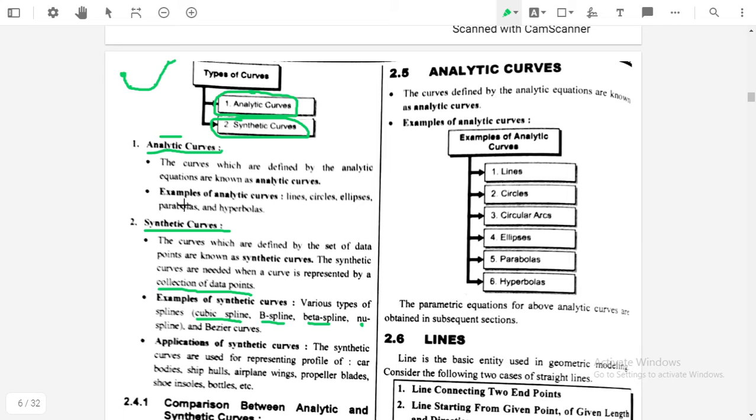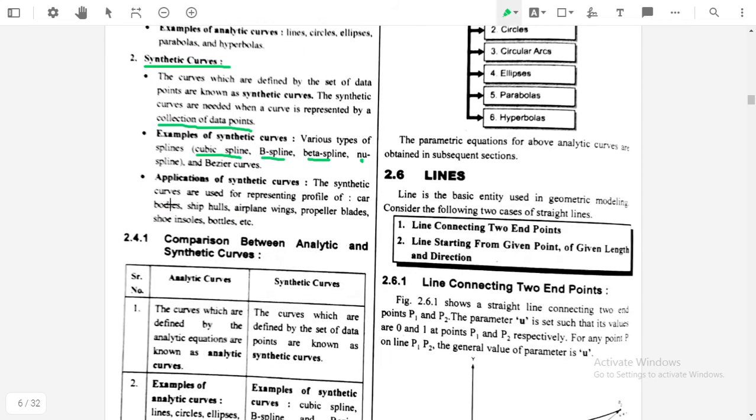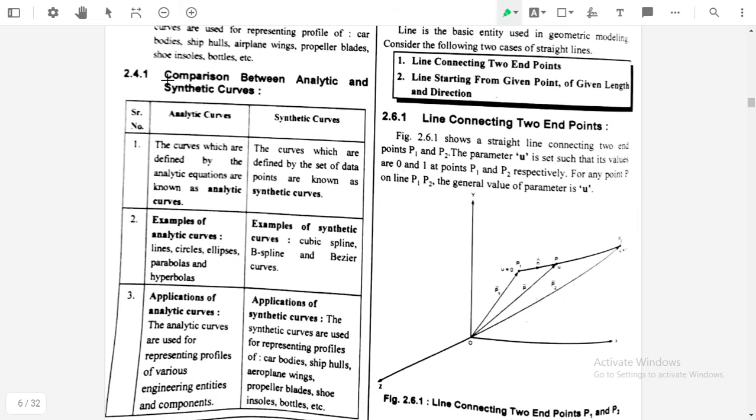Now let us compare the synthetic and analytical curves. The first point is the definition. The analytical curve is the curve which is represented by some analytical equation.